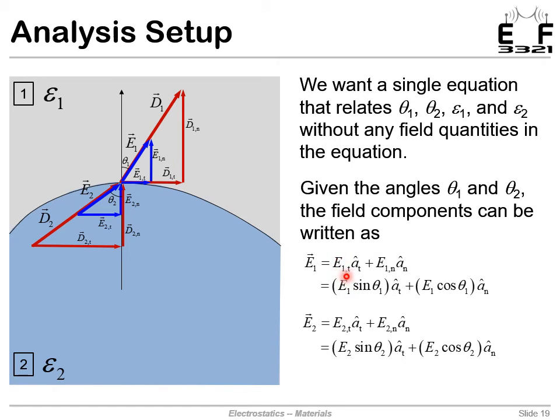So the tangential component of E is E1 times sine theta 1. Likewise, the normal component is E1 times cosine theta 1. We can do the exact same thing in the second medium. The tangential component is the magnitude of the electric field in the second medium, E2, times sine theta 2, and the normal component is E2 times cosine theta 2.